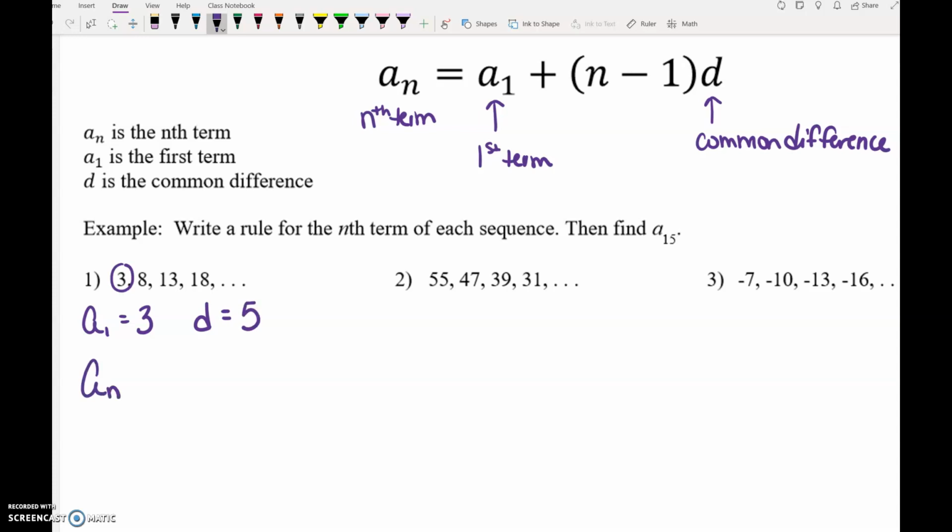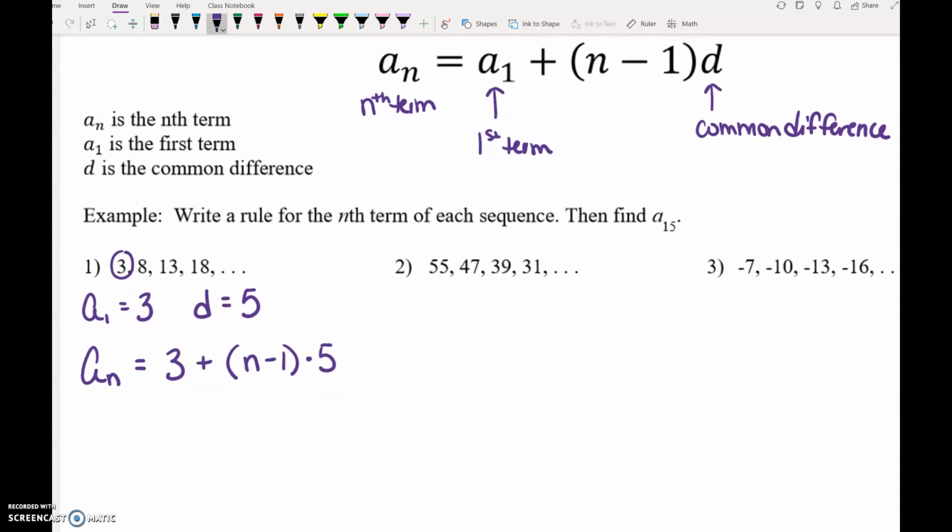So the nth term equals the first term 3 plus parentheses n minus 1 times the common difference 5. Now, it would be great if we could just leave it like that, but it looks kind of messy. What could we do with these parentheses right here?